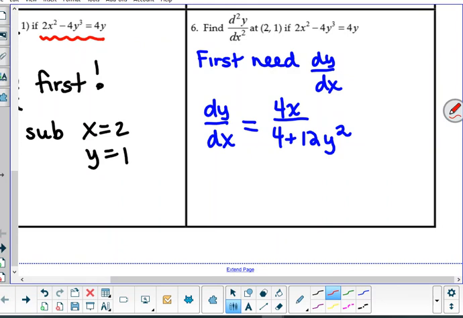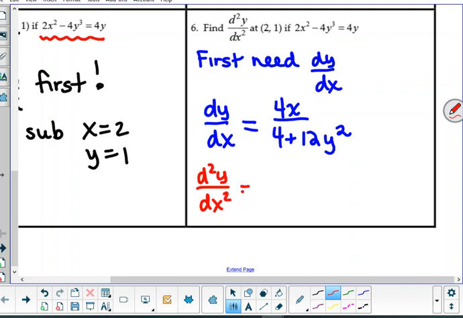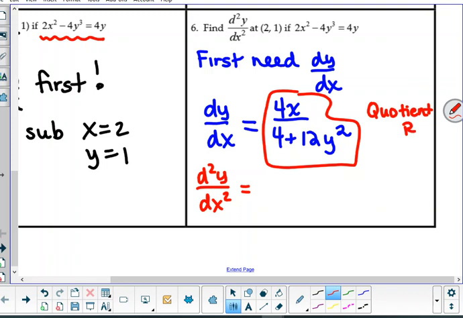Now to take the second derivative, d2y over dx2, I always mess up that notation, sorry. Second derivative. I'm going to take the derivative of this, I'm going to use quotient rule.